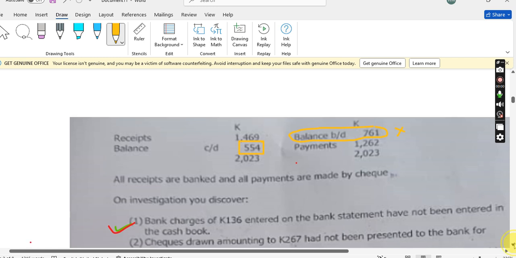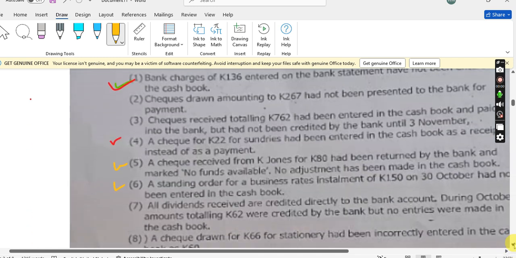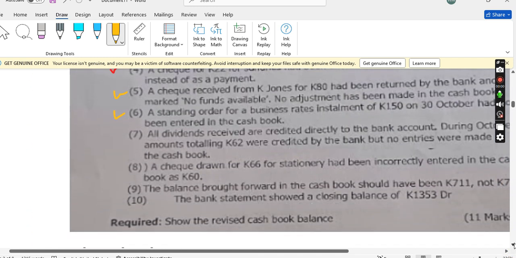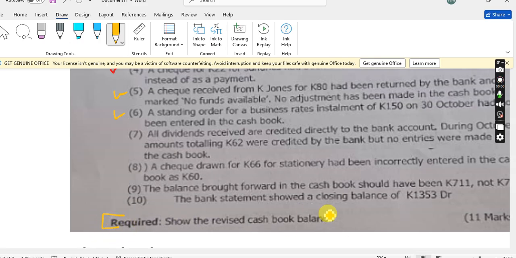Here, colleagues, we're going to look at all of these transactions one by one. We need to show the revised cash book, and I'll also show the bank reconciliation statement, in case it's asked tomorrow.